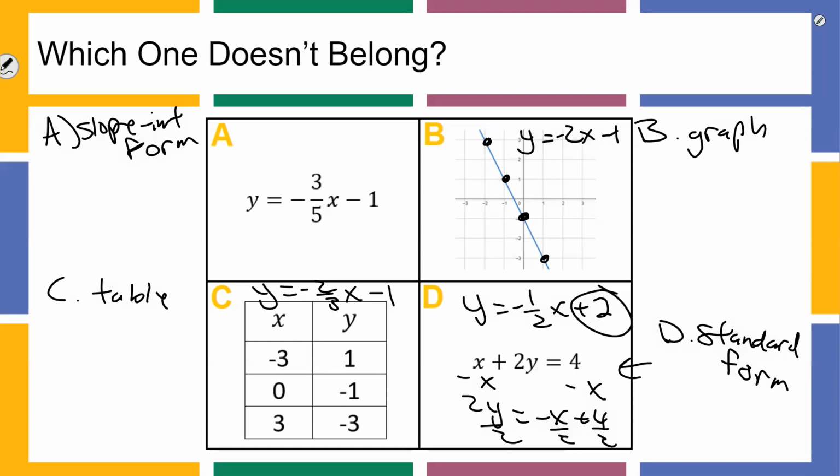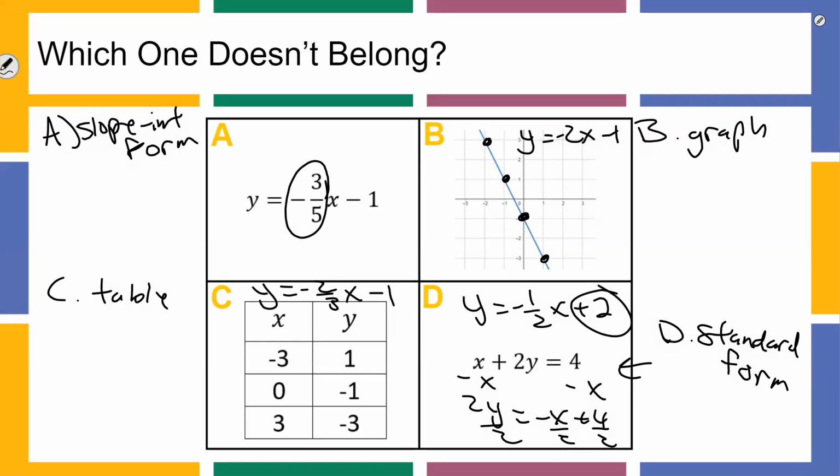So if we're comparing all of the equations, which one doesn't belong now? So we said D already because of the y-intercept. A because it doesn't have a 2 in it. So A is the only one that doesn't have a 2 in the slope or in the equation at all.